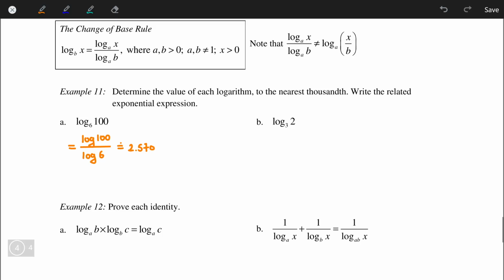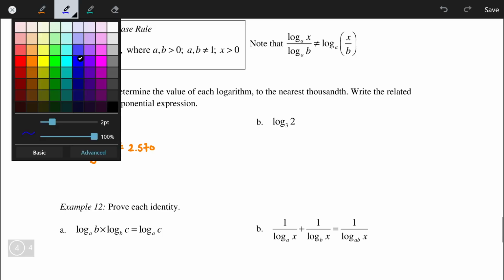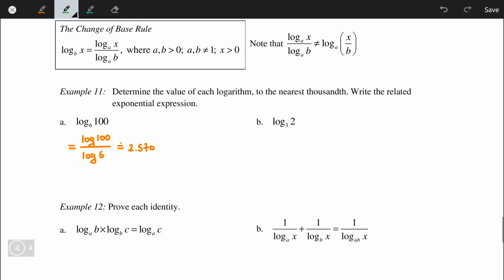Which makes sense because if we think about it, 6 to the second power, 6 squared, is 36, but 6 cubed is 216. So if we were to write 100 as a power of 6, it will be somewhere between 2 and 3. On the right-hand side, very similar idea. This would be, of course, log 2 divided by log 3.